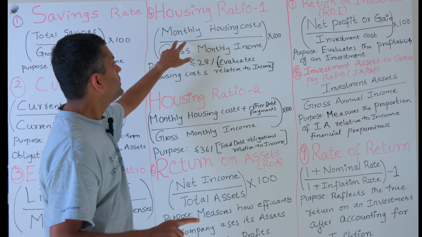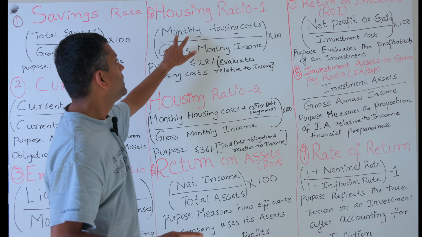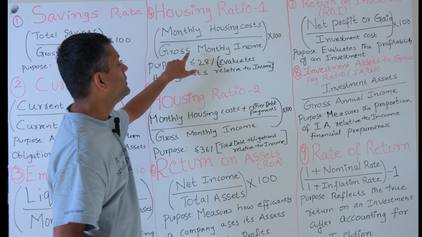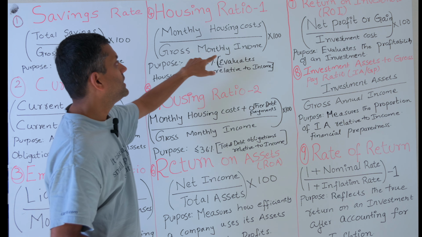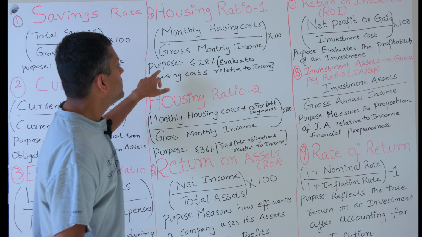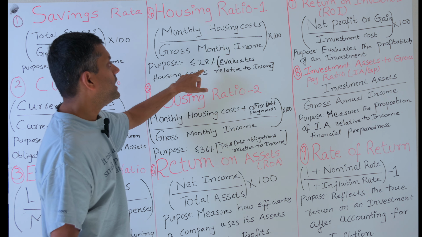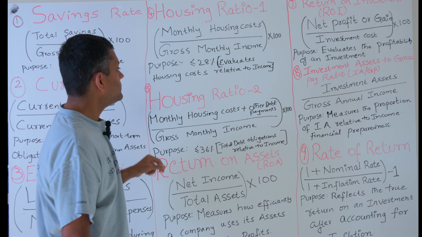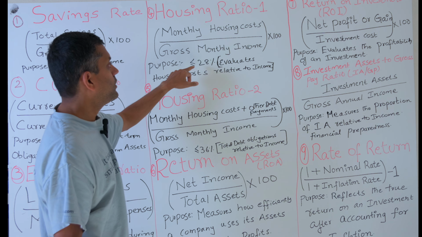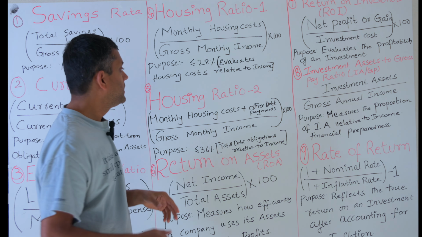So you have to take those into account and divide them by your gross monthly income times 100. Basically, the value should be equal to or less than 28%. If it is below or equal to 28%, then that is good.